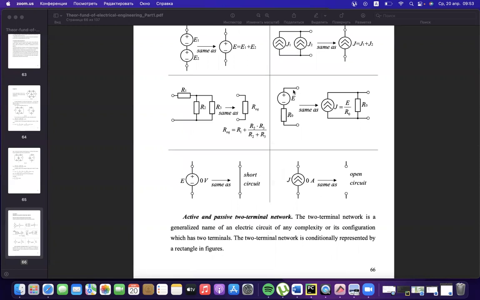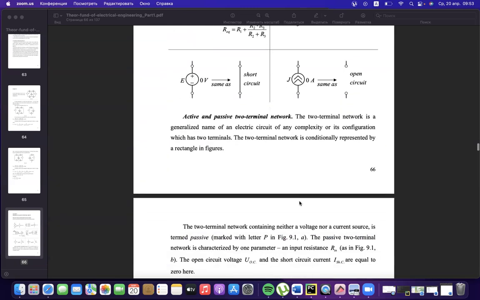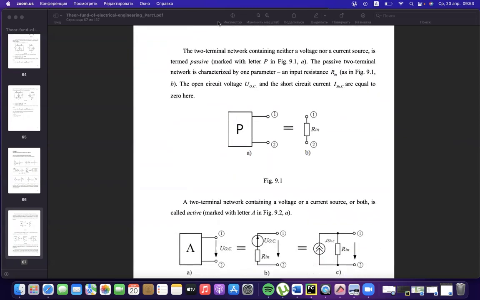Then we could substitute a voltage source with resistance by a current source with resistance, just recalculating the current inside this source. Always we could do such substitutions.